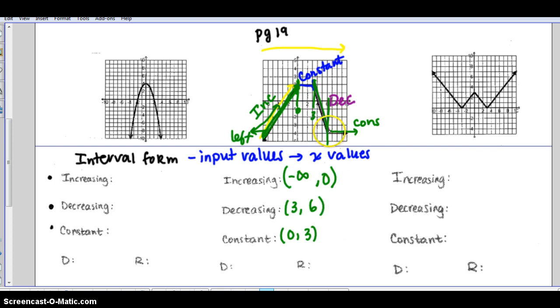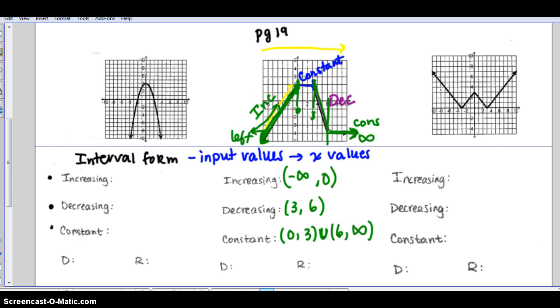Then at 6 it picks up and it's going to be constant again, so we put a U to show that it's going to do it again. Starting at 6, it's constant again, and it's constant forever. And forever in math is infinity. So since this graph has an arrow on the left side and an arrow on the right side, we have to have a negative infinity and a positive infinity.